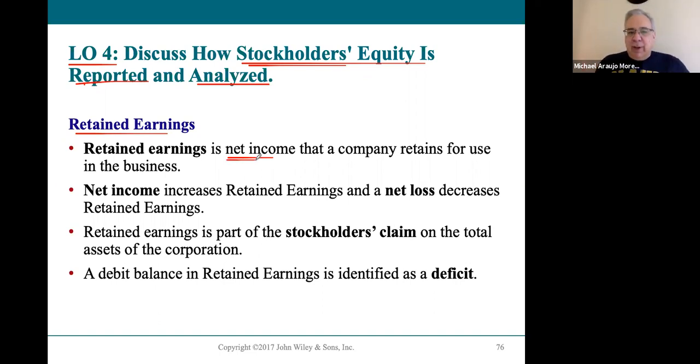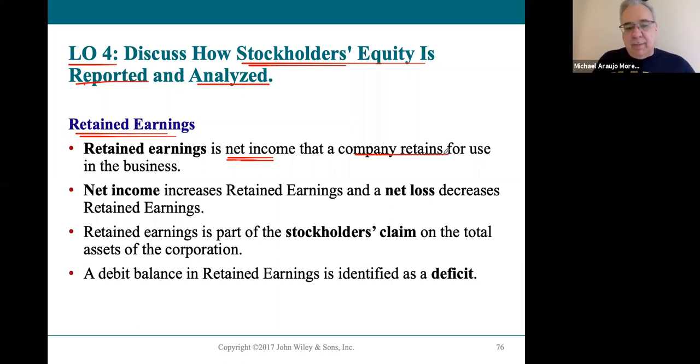We had this discussion many moons ago, and I said, who owns the profit of a company? The owners do, right? That profit belongs to the owners. So in a corporation, it belongs to the stockholders. And so retained earnings is a stockholders' equity account because the profits of the company belong to the owners. Now, the retained earnings are the amount of the profit that's been retained in the company, not given out by a dividend, right?